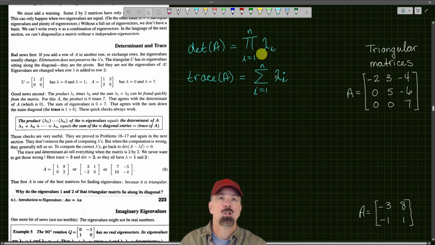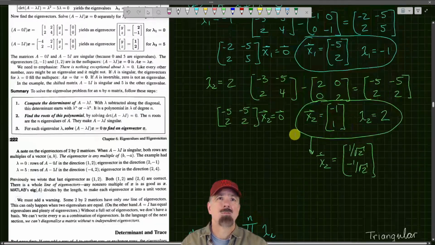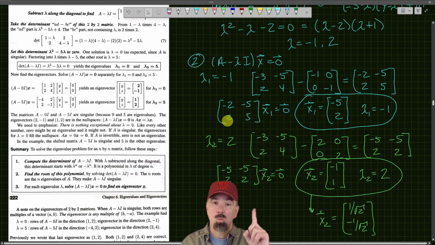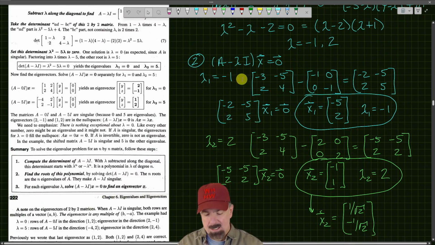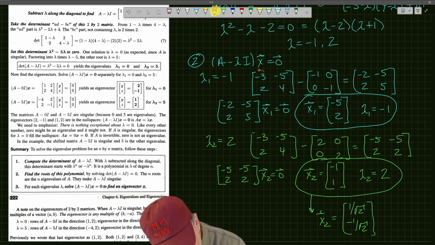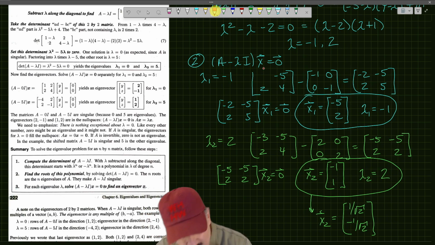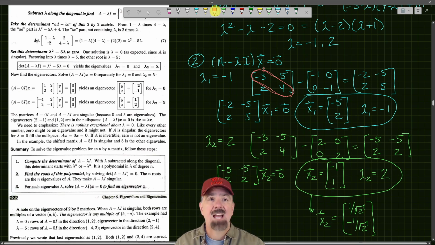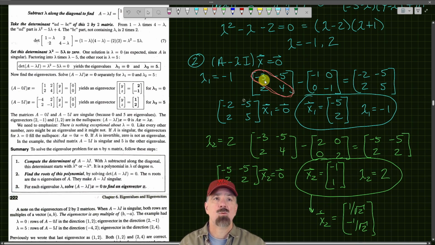We can go back and take a look at this in the previous example. So the eigenvalues we found were -1 and 2. We add those together and we get 1. If we add the trace, and let me circle the trace for you, the trace is the sum of the diagonal elements. If we add together the diagonal elements, we can see we have 1.